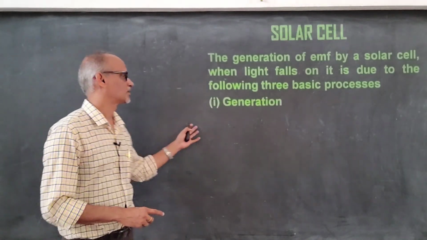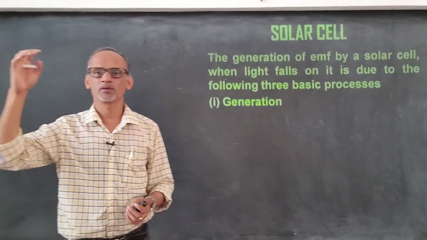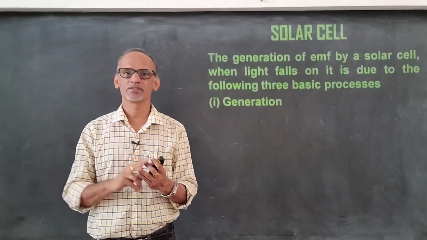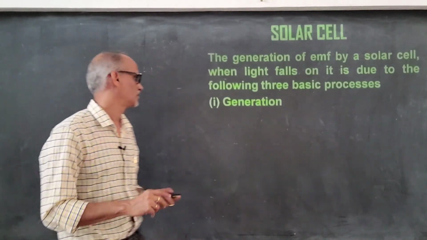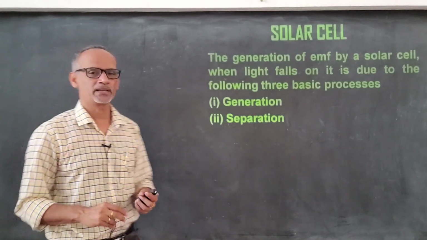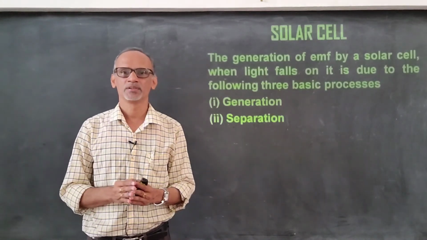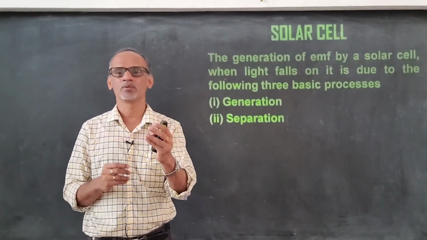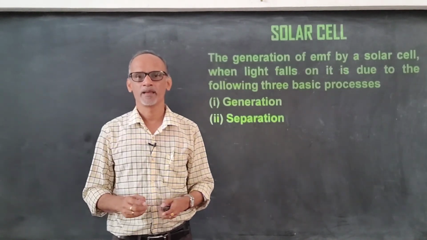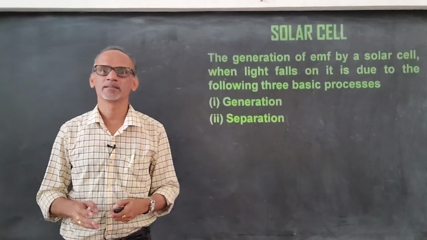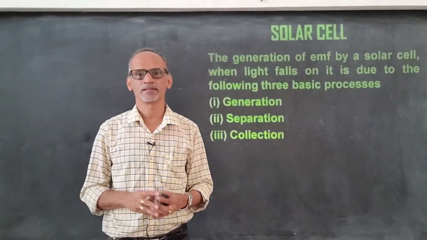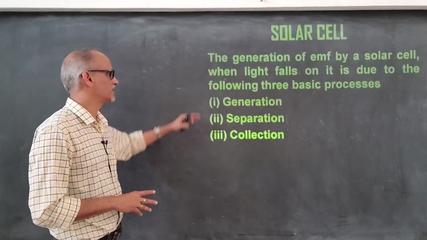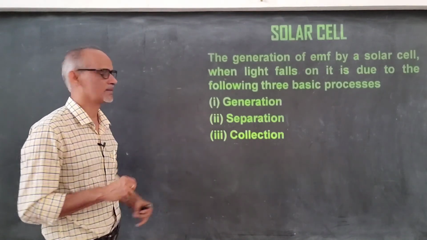First one is the generation, where a photon falling near the junction generates charge carriers, which are electrons and the holes. And these charge carriers are separated. So electrons move from the depletion region to the N side, and the holes move to the P side. And these are collected. That is the third step, which is the collection. So therefore, this is how the solar cell works by 3 stages: generation, separation, and the collection.